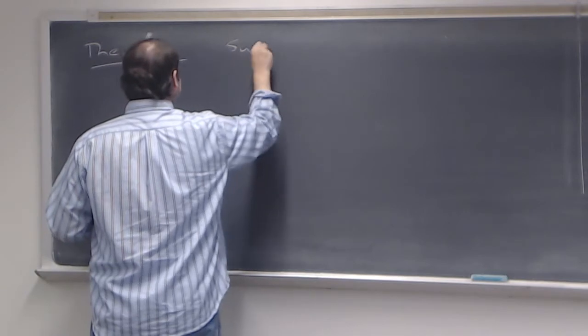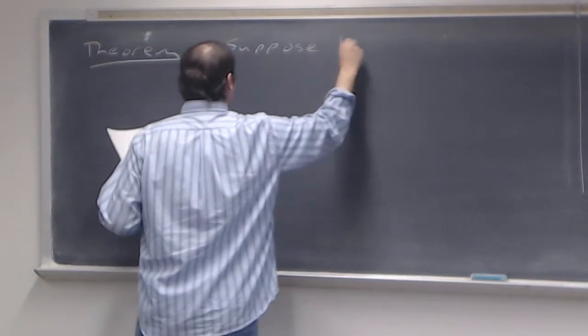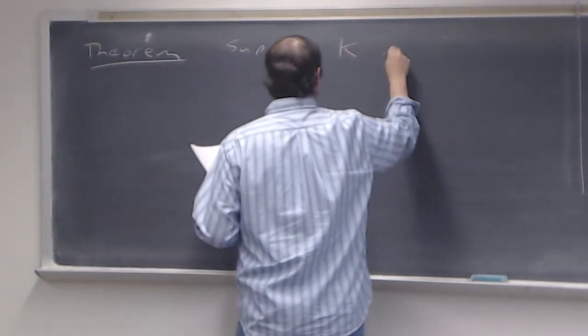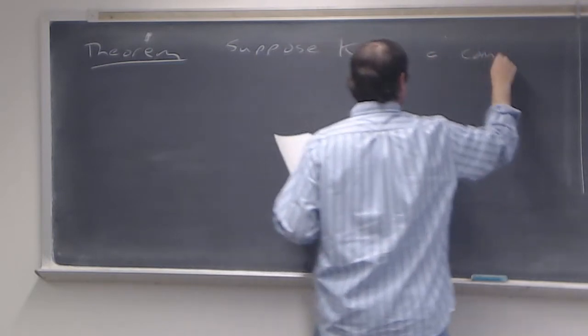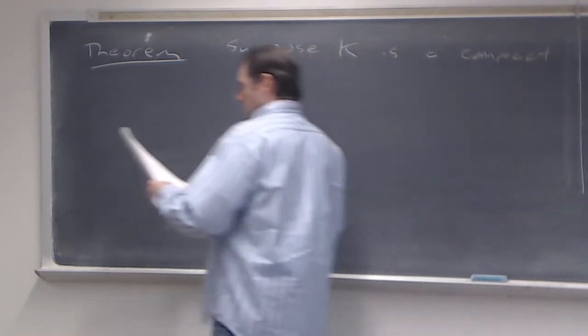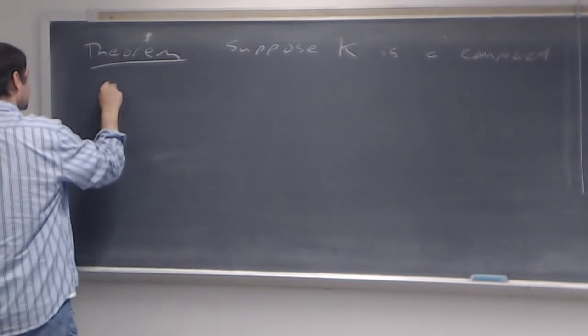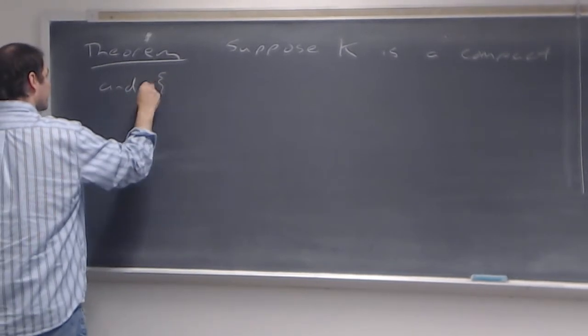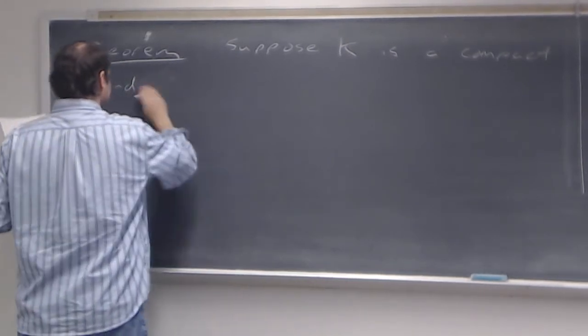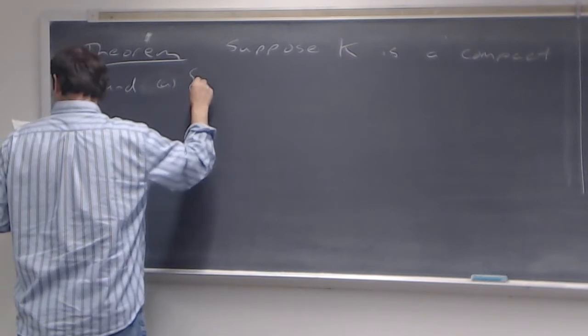We're going to suppose A is a compact set, and first thing about our sequence of functions.